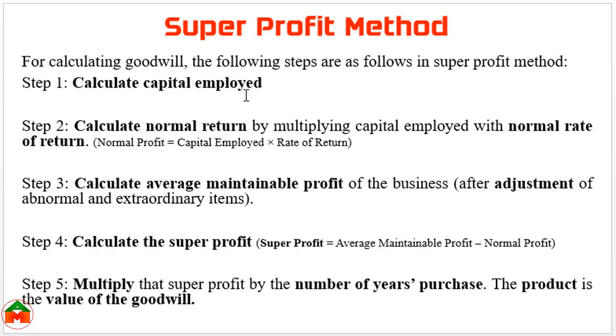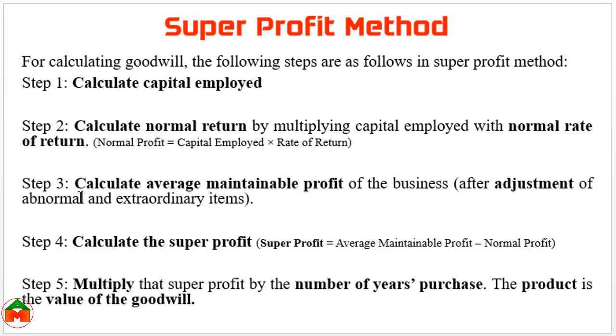In the super profit method, we have to follow the steps shown below. Step 1, we need to calculate the capital employed. Then we need to calculate the normal return or normal profit. Normal profit can be calculated by multiplying the rate of return with the capital employed.